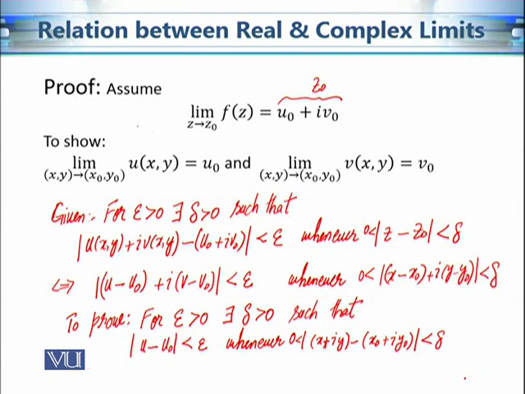Now what are we allowed to use? We are allowed to use only this part. These are the facts. And what do we want to prove? For epsilon greater than 0, we should be able to find this delta. Now let's see how we prove this.